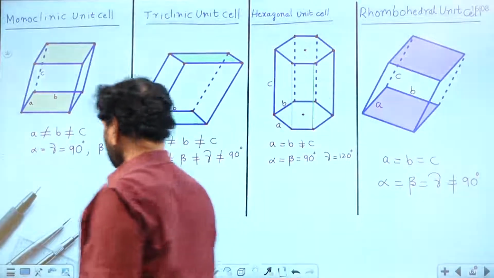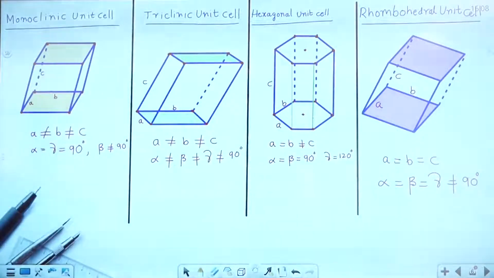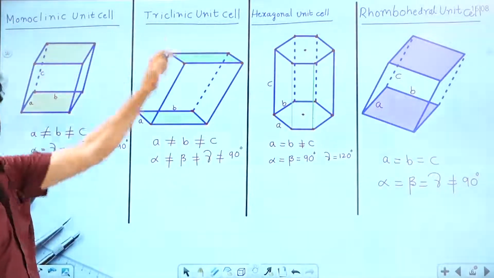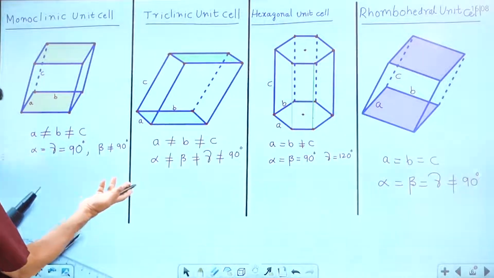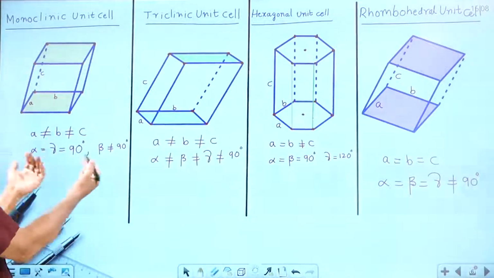Now the next one is the fourth one, the monoclinic unit cell. Again, what is the basis? The cell parameters are the basis.